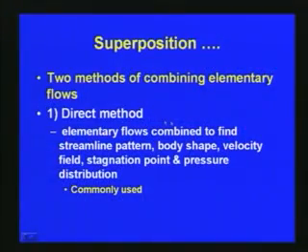As far as superposition of these elementary potential flows is concerned, there are two methods of combining them. The first one is called the direct method. In the direct method, the elementary flows are combined to find the streamline pattern, the body shape, the velocity field, stagnation point, and pressure distribution.